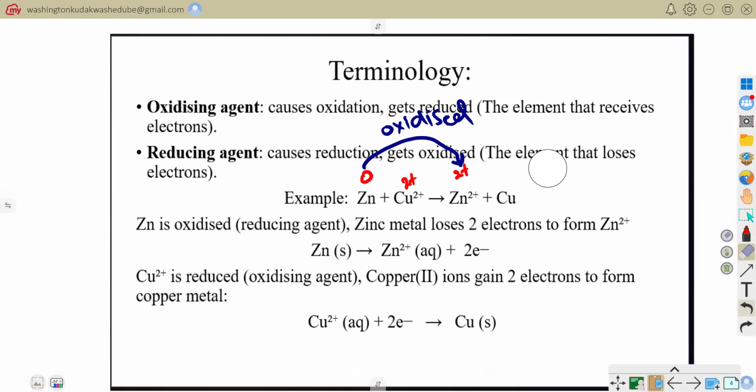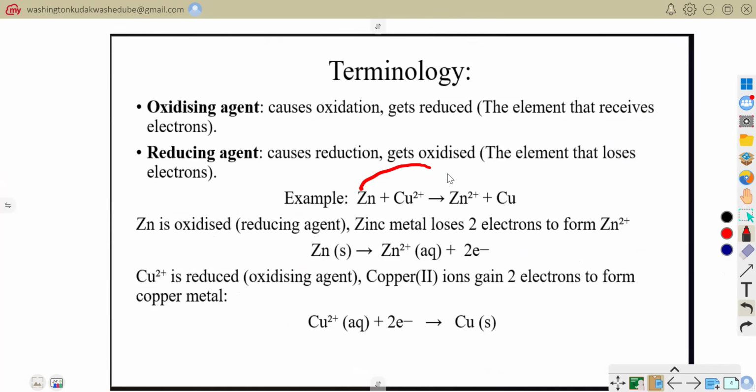So that is how we identify oxidation reactions and reduction reactions, as well as the element that is being oxidized and the one that is being reduced. So we can simply say that zinc is oxidized, so it becomes the reducing agent.